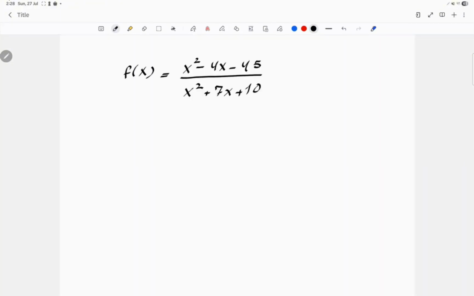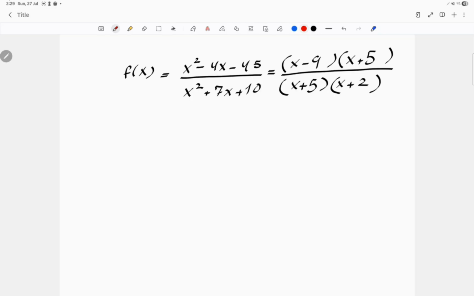All right, go ahead and find all the possible places where the function is not continuous. At what x's is the function not continuous? So, if you factor, you get x minus 9, x plus 5, x plus 5, x plus 2.